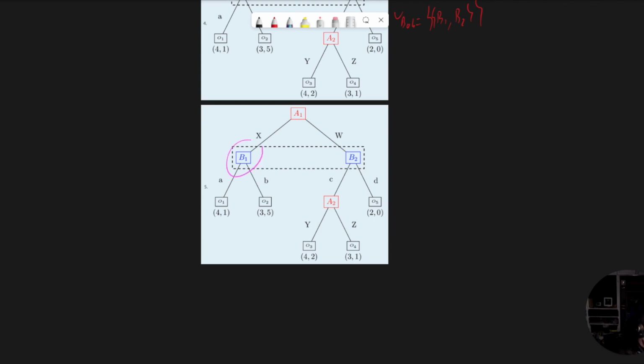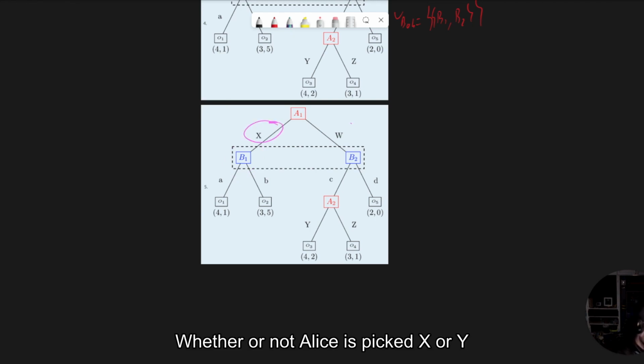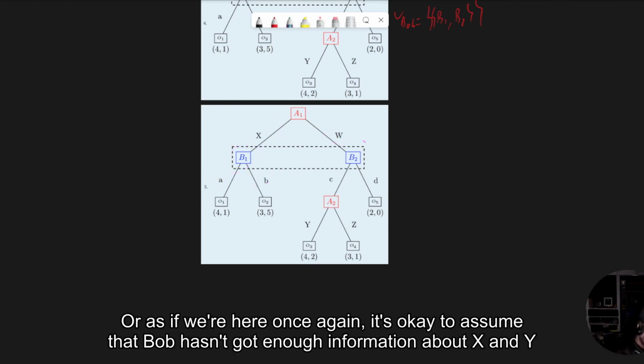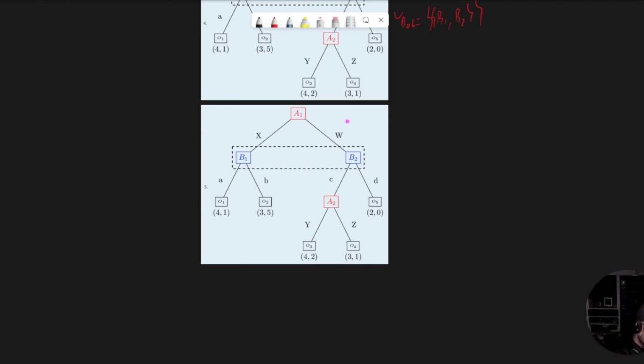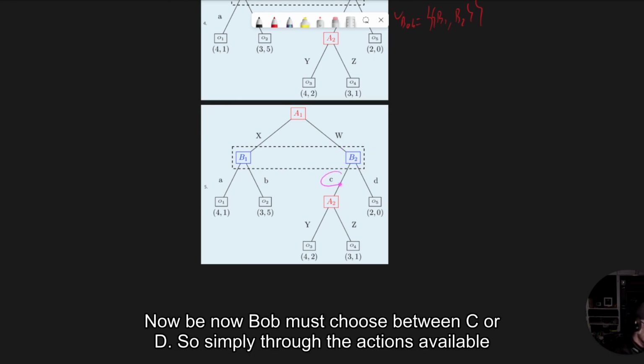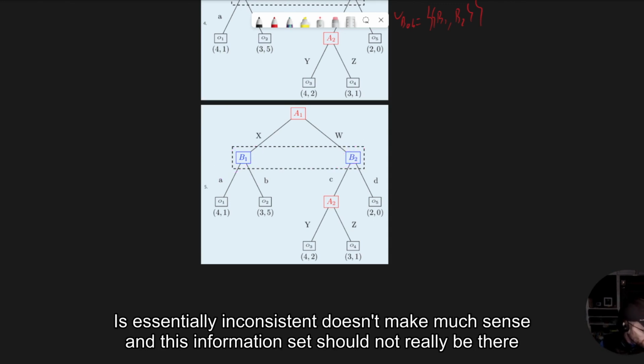Because if we're here, it's okay to assume that Bob doesn't know whether or not Alice has picked X or Y, but Bob must choose between A and B. Whereas if we're here, once again, it's okay to assume that Bob hasn't got enough information about X and Y, but now Bob must choose between C or D. So simply through the actions available to Bob, Bob knows if Bob is at B1 or at B2. And so this game is essentially inconsistent, doesn't make much sense, and this information set should not really be there.